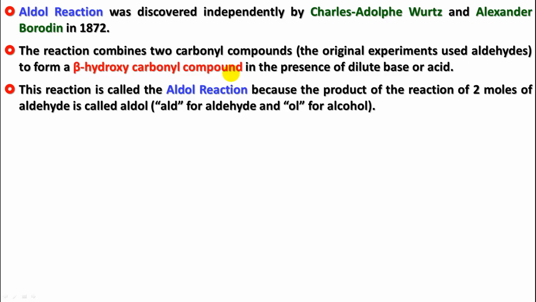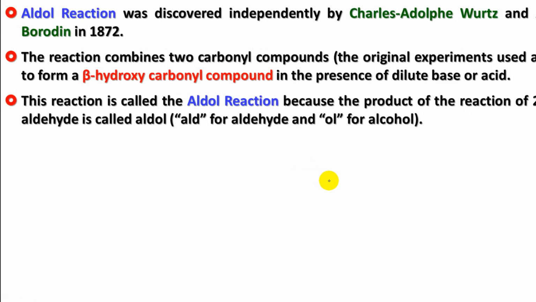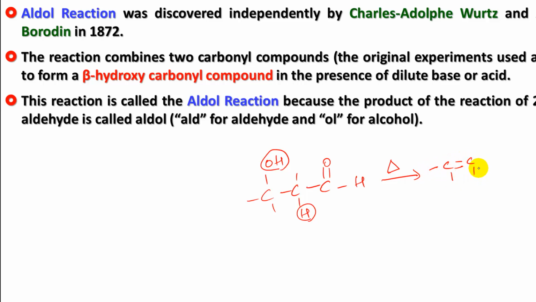Now, let's look at this beta hydroxy compound. This is the beta hydroxyaldehyde. If the alpha carbon contains an H here, then we can remove this OH and this H by heating, and we get an alpha beta unsaturated aldehyde.